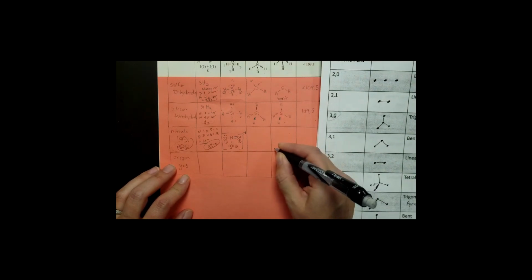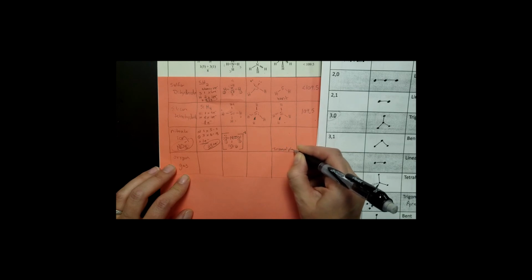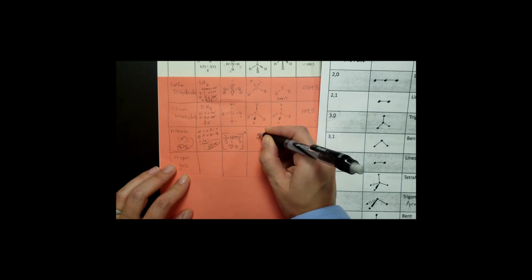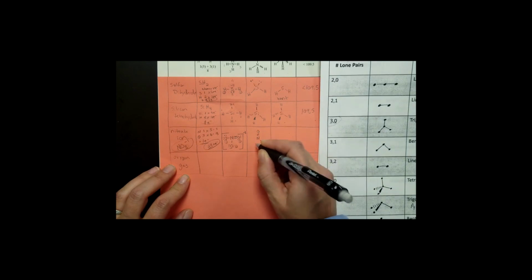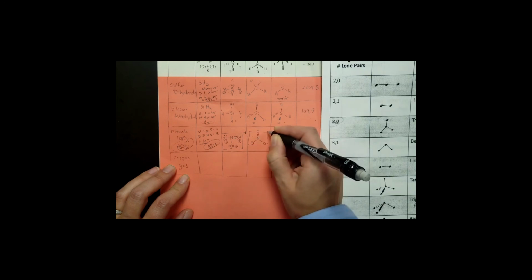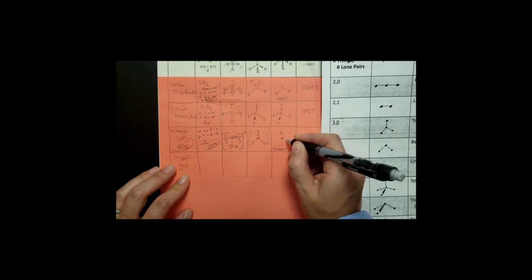So now I need to draw it. So to draw it, I'm going to put nitrogen, and this is the same thing. In this case, since there are no lone pairs on the central atom, both structures in both of these columns are going to look the same.